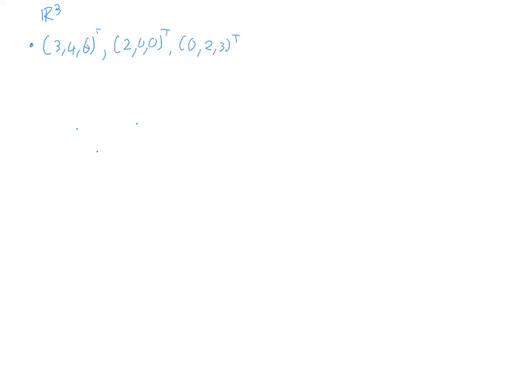Okay, so as I was saying, (3, 4, 6) is x times (2, 0, 0) plus y times (0, 2, 3). So we're asking, is the first one a linear combination of the other two, right? Which translates to what? 3 will have to be 2x plus 0y, meaning 2x.